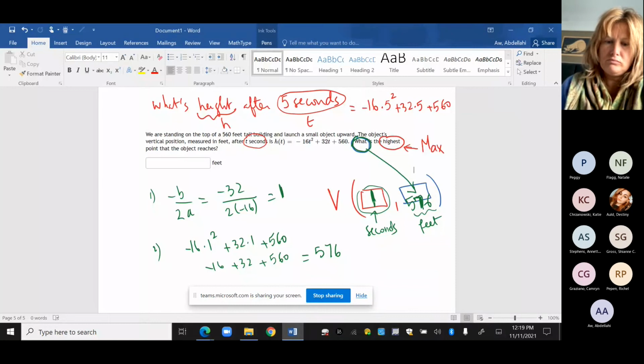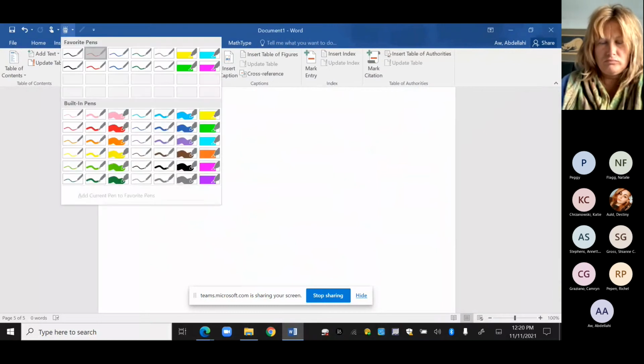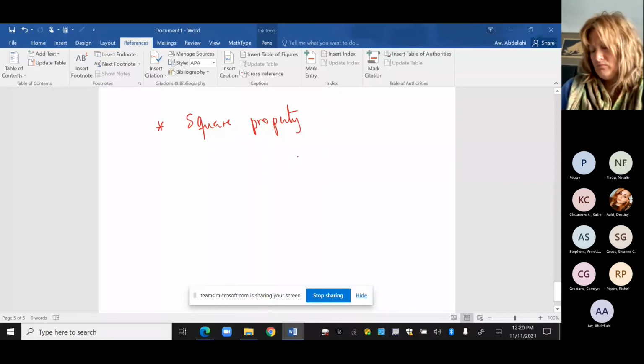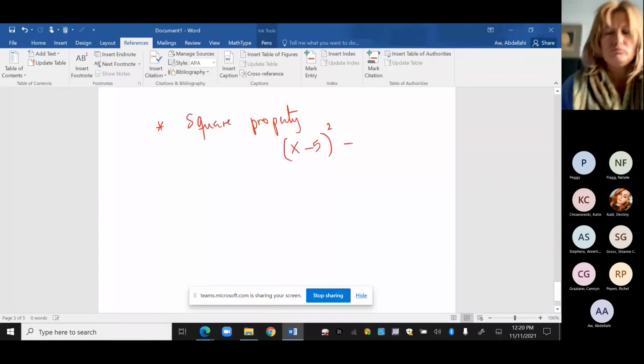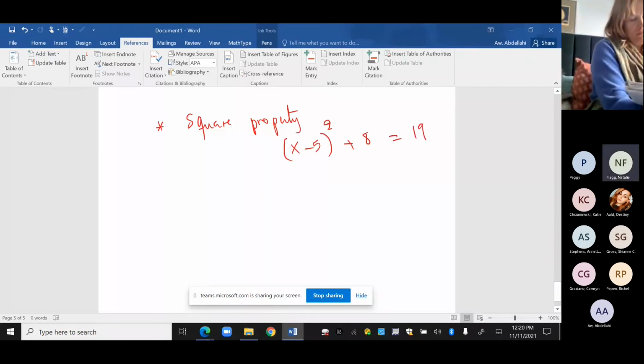Now, after the quadratic equations, what have we learned in chapter 4? We have learned the square root property, right? That's with the boxes. The square root property is, for instance, when you have to solve x minus 5 squared plus 8 is equal to 19, something like that. We move the 8 and then we take the square root and we do plus or minus.